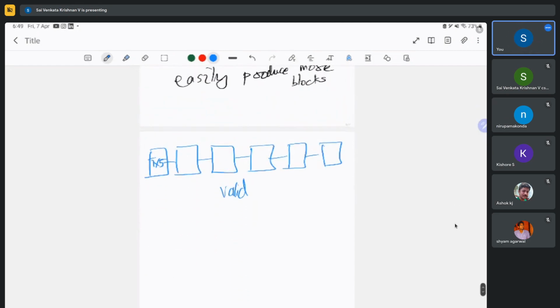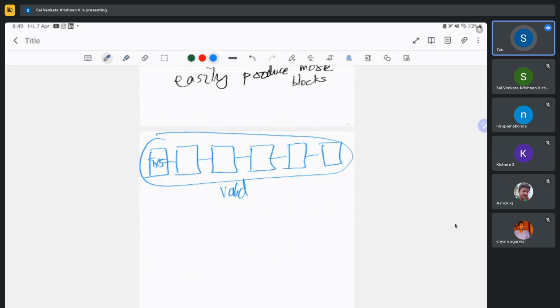Now, usually in the Bitcoin protocol, once I construct a block, the block should be propagated to all the other nodes and it should be validated. That's the protocol that is assumed.